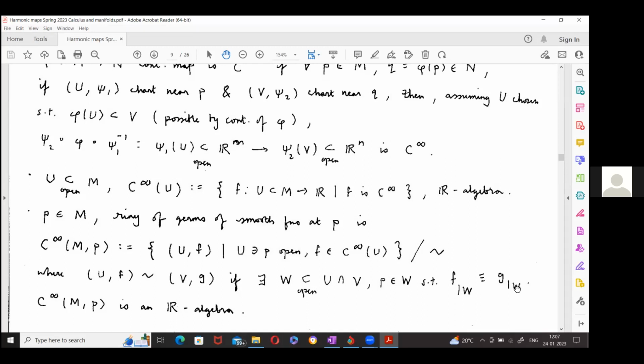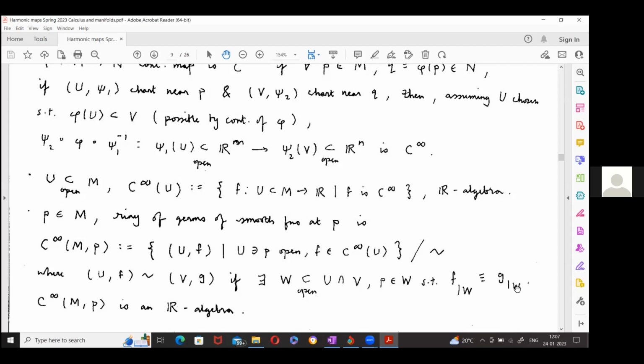So this defines for you the set of germs of smooth functions, and then it's easy to see that you can add germs and multiply germs. Addition and multiplication of functions is compatible with this equivalence relation, so you get addition and multiplication on the quotient by this equivalence relation.